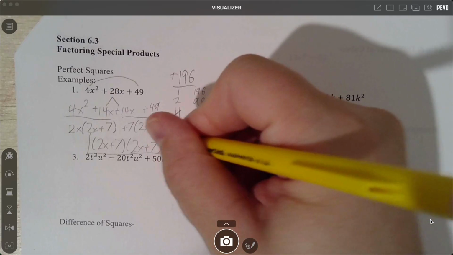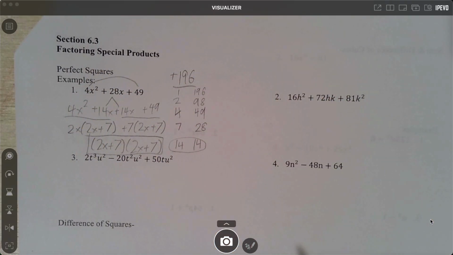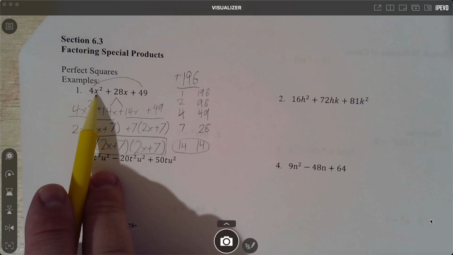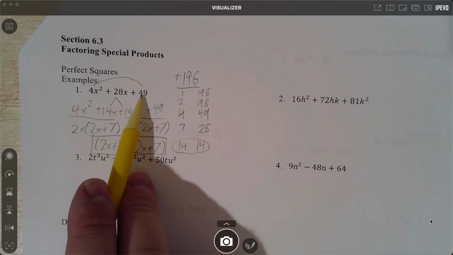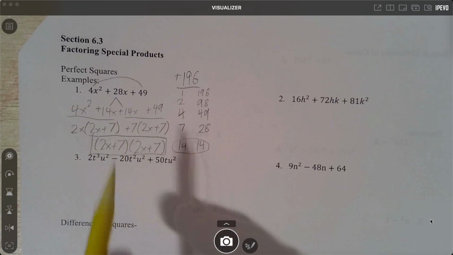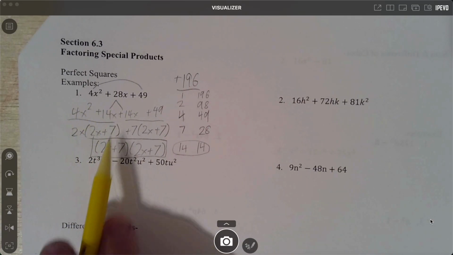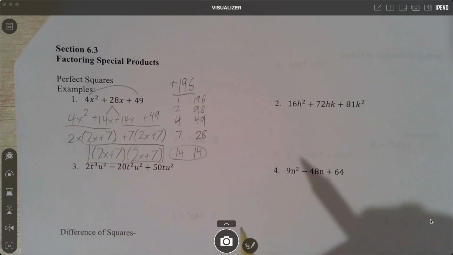Now this is why we call it a perfect square or a special product, but here's the trick, how you can jump to your answer, and this is how we'll approach the rest of the problems. If you notice that your first term and your last term are perfect squares, then essentially what you should do is guess and check, and verify through FOILing, that the answer is likely the rooted values on the left of each parentheses from the left-hand side, and the rooted values on the right in parentheses on the right-hand side.